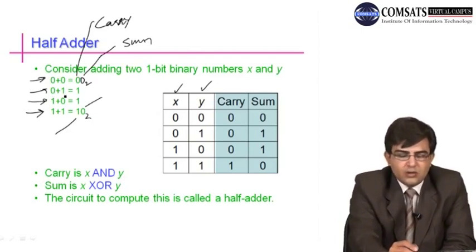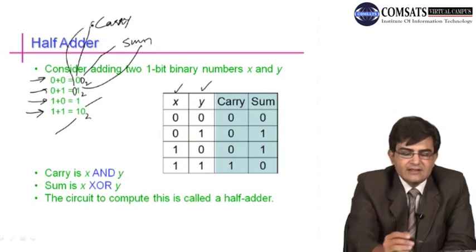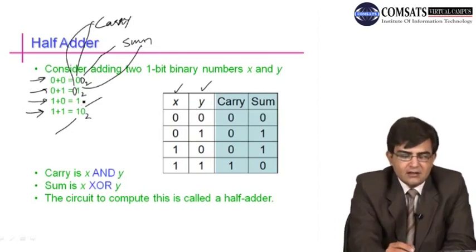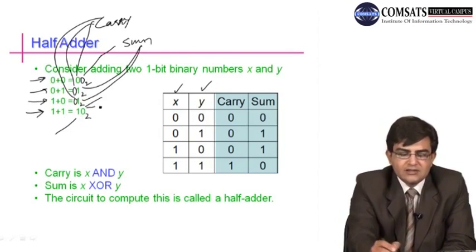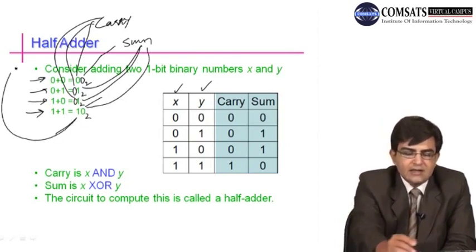When we add up 0 and 1, we have 1. This can be written as 01 in base 2. Here 1 is sum and carry is 0. This can also be written as 01 base 2. 1 is sum and 0 is carry. When we have 1 plus 1, we have 10. This 0 is sum and this 1 is carry.